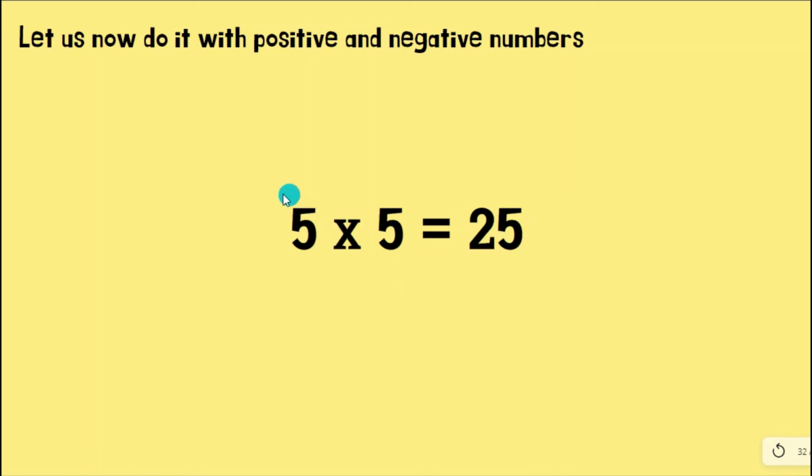If a number does not have any negative or positive sign before it, it is automatically a positive number. So this will be positive 5 times positive 5. So positive times positive equals positive. So 5 times 5 equals 25. Okay?